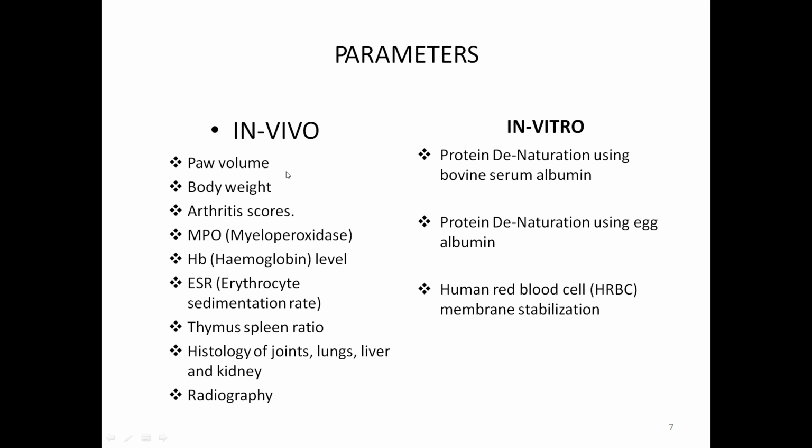So for in vivo parameters, we have decided to work on paw volume, body weight, arthritis score, MPO, hemoglobin level test, erythrocyte sedimentation, thymus, spleen, and histology of joint, lungs, liver, kidney, and radiography. We also have the CRP test for in vivo. For in vitro, we are planning protein denaturation using bovine serum albumin, egg albumin, and we are also planning human red blood cell membrane stabilization.